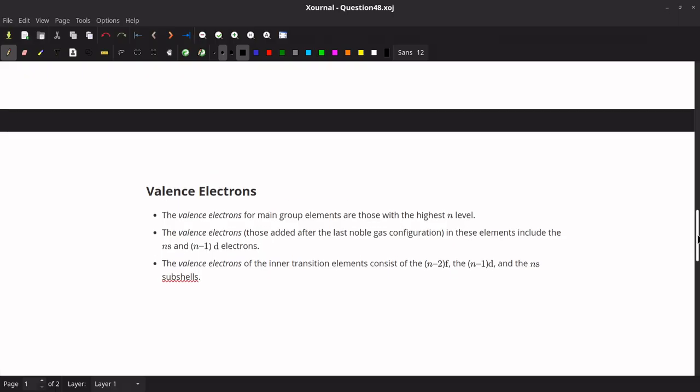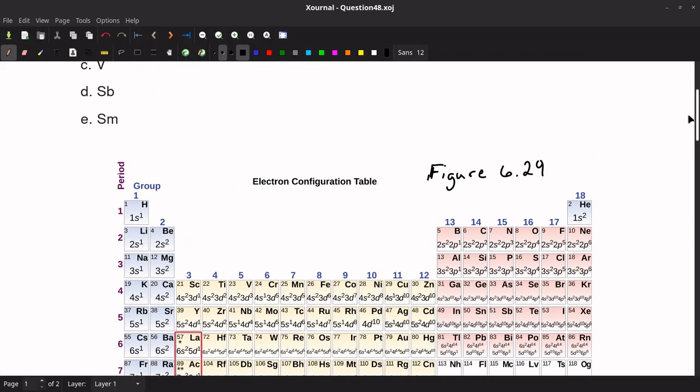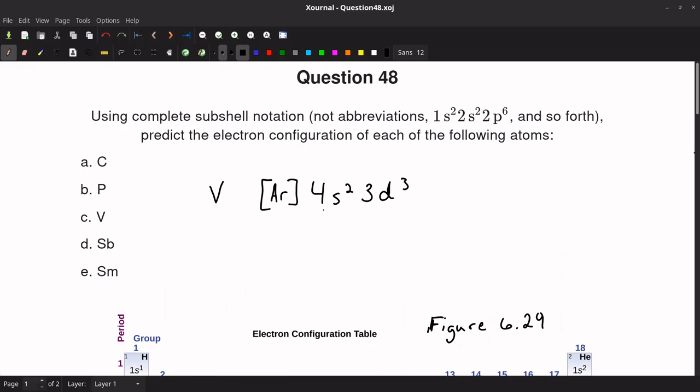So we want the highest s electrons, so that's this guy, and the one that is n-1, so 4 minus 1 is 3, these 3d orbitals. So both of these superscripts are indicating valence electrons for us. We have to include the 4s and the 3d. So this guy's going to have 5 valence electrons.